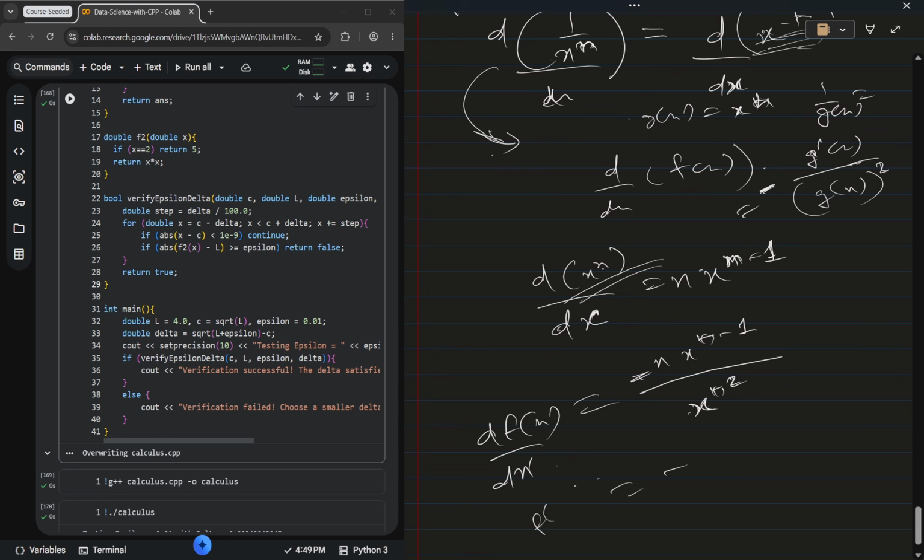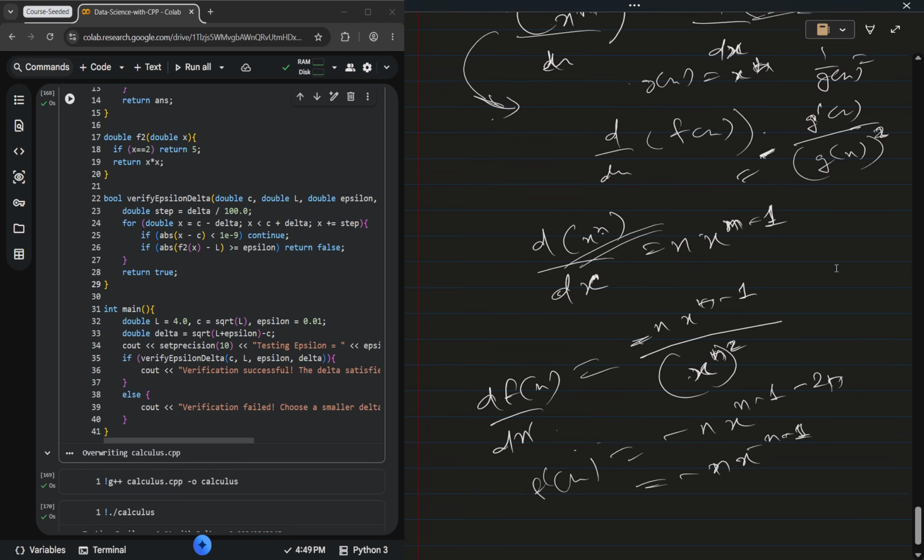Then you can write this as minus n x to the power... this won't be an n square. Since we did this for g(x), then we took the square outside, it will be x to the power n minus 1 minus 2n. So you'll get minus n times x to the power minus n minus 1.